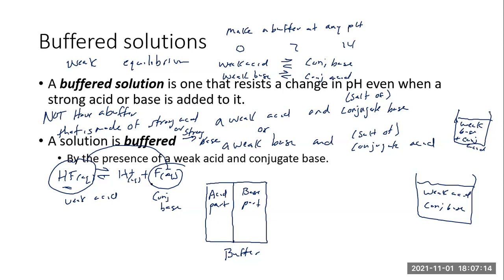So if we were to make a buffer of that, we would have some HF floating around in there, which is really the acid part of the buffer. We would also have some F minuses floating around, which is really the base part of the buffer. And again, both of those things are able to stay in that solution because of the HF being a weak acid, able to set up that equilibrium.